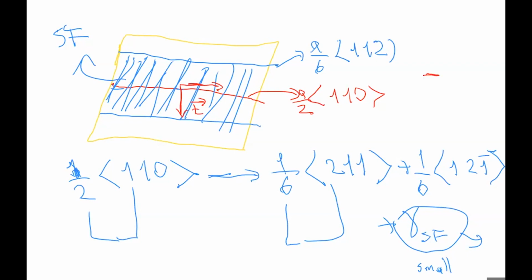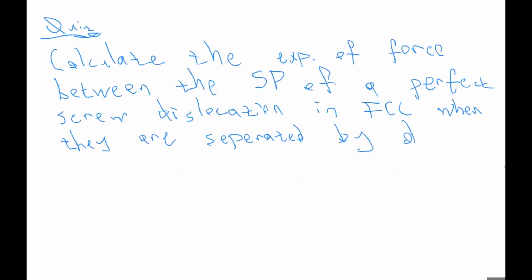So Burgers vector is this guy right here, 1/2, 1, 1, 0, and the tangent vector is this guy right here for edge dislocation, 1, 1, 0. So think about this question.